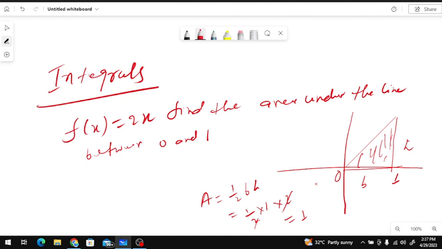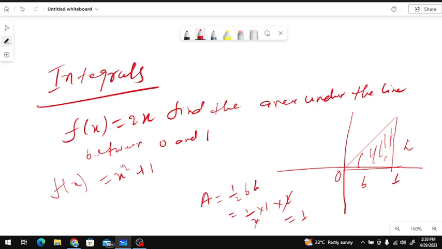So our area is 1 unit. It's easy. Similarly, find the area of the function x square plus 1, between 0 and 1.